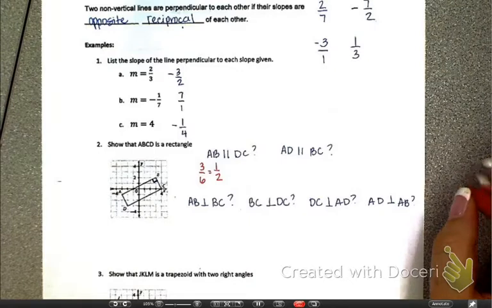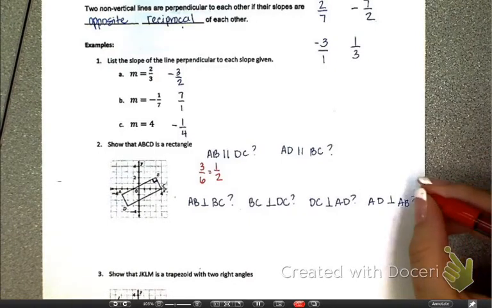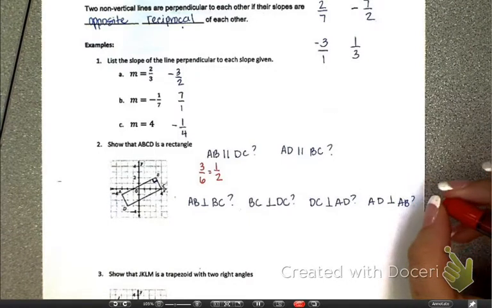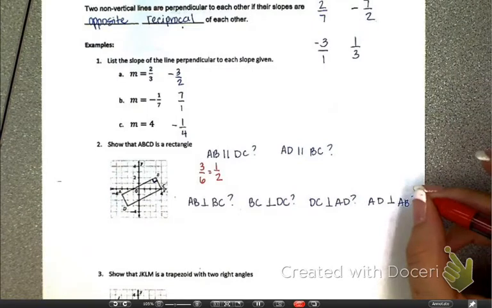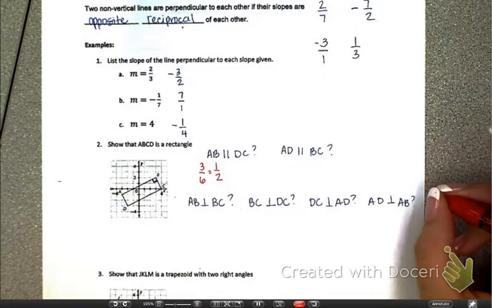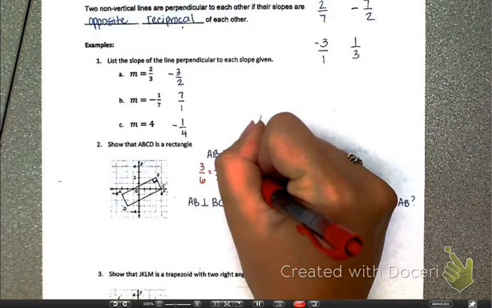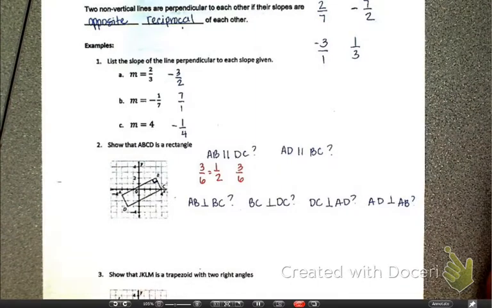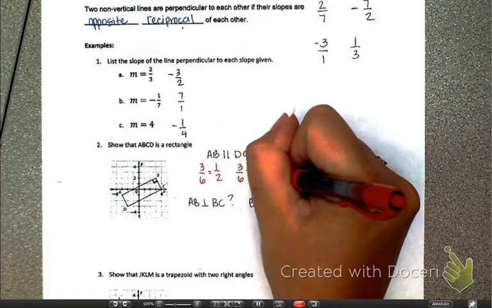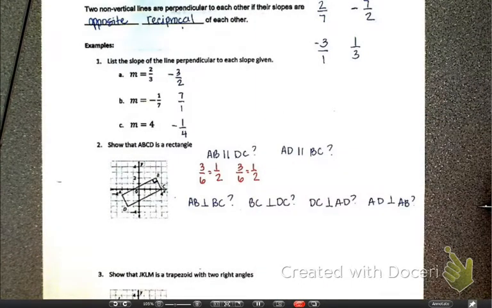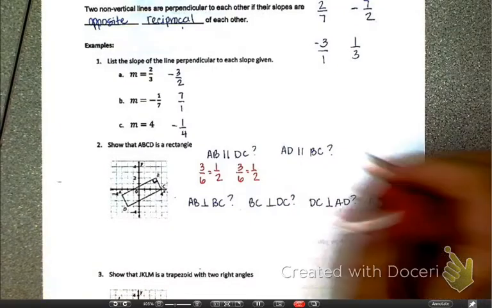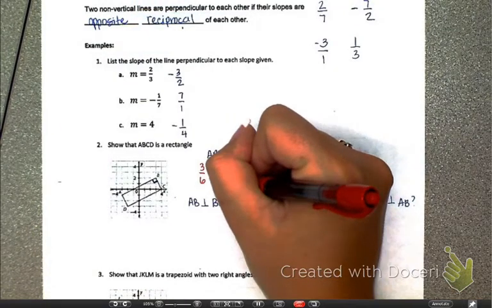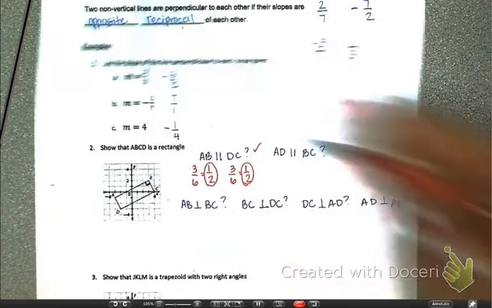Christian, can you tell me the slope of DC? The rise is 3, the run is 6, which reduces to 1/2. Is AB parallel to DC? Why? Because they have the same slope, so we're good there.